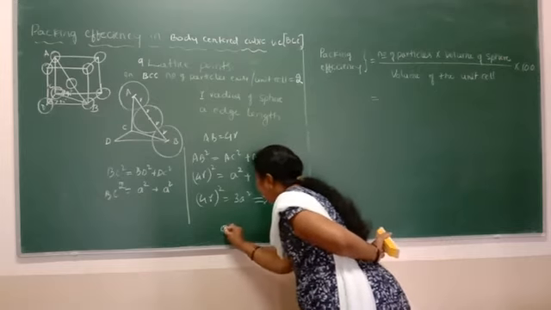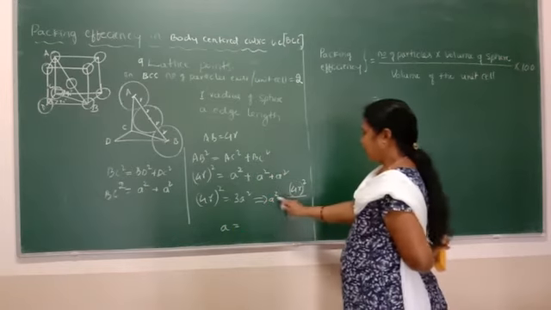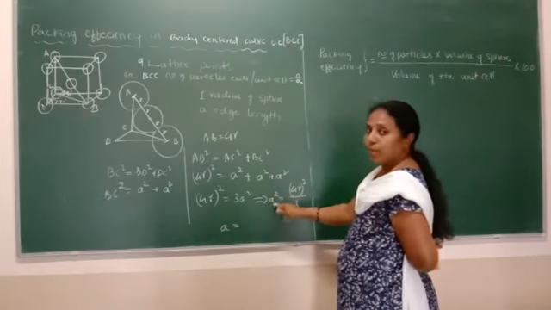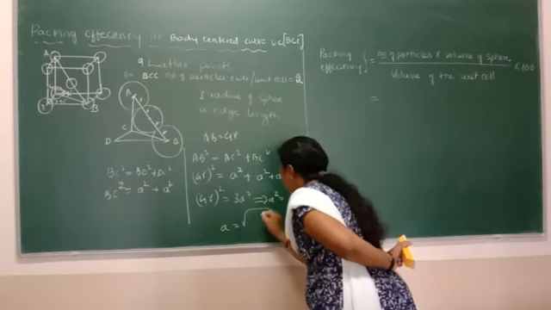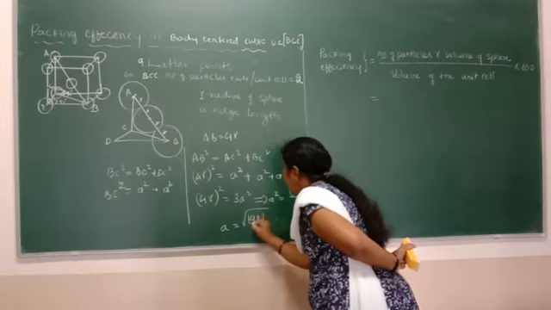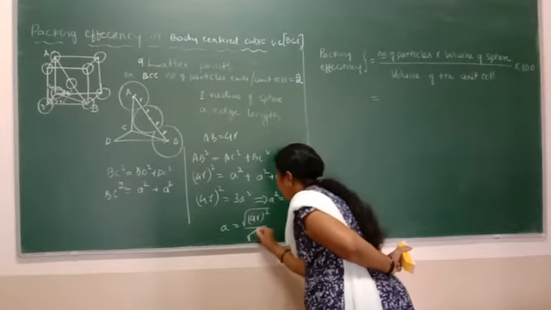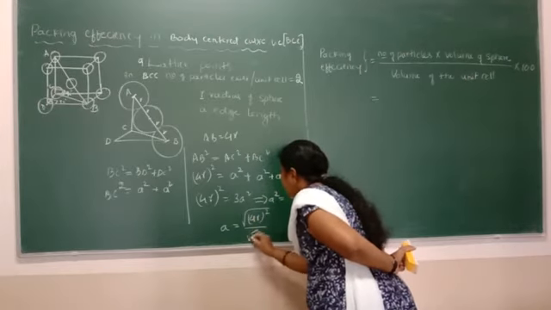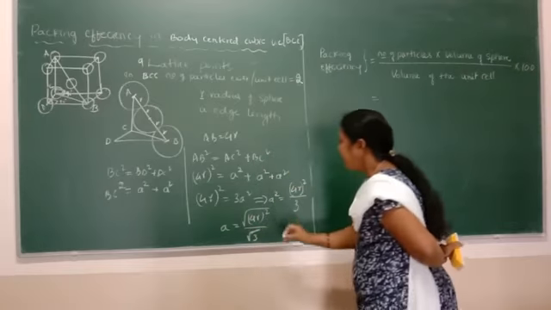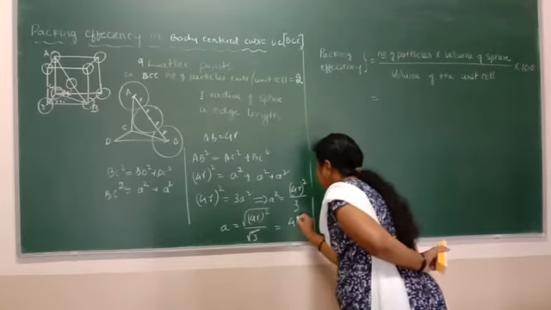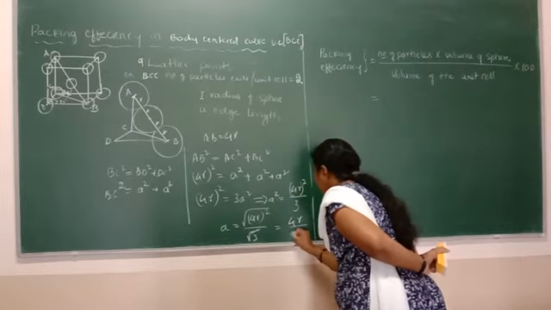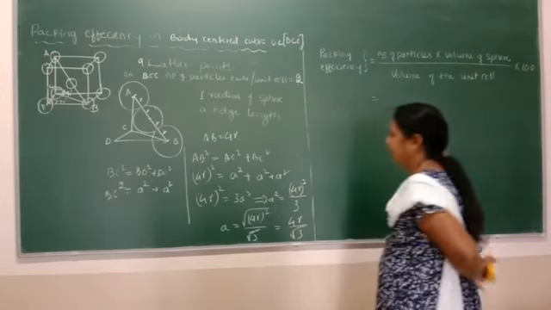To calculate the value of A, we have to apply the square root. So A is the square root of 4r whole square divided by square root of 3. In the numerator, the square and the root cancel with one another, so the value of A is going to be 4r by root 3.